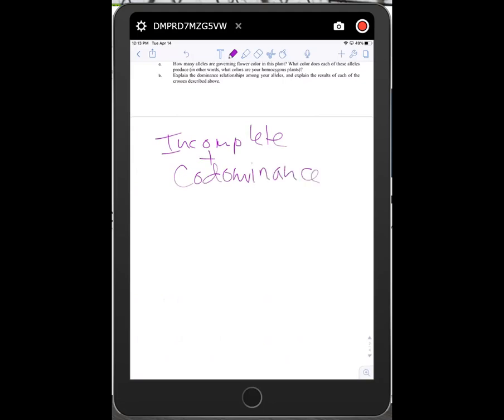Okay, so for incomplete and codominance, you're going to use 2 different capital letters. So like for the problem of the wavy-haired people, wavy-haired is going to be the heterozygous one between curly and straight.